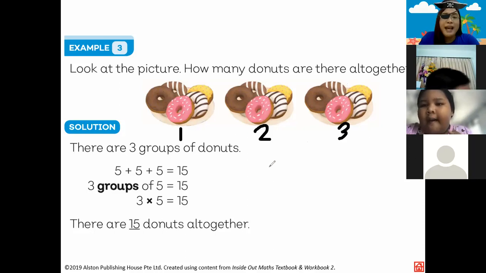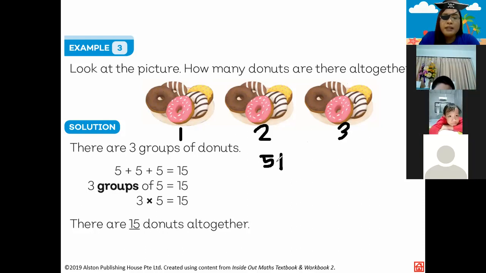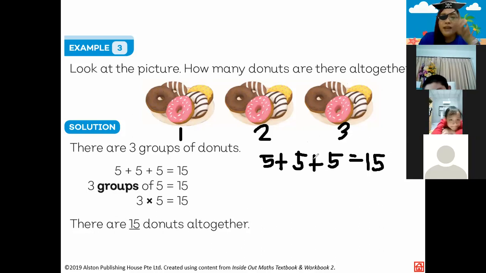So let's try to add, okay? So that's going to be 5 plus 5 plus 5. That equals 15. Now let's try multiplication. First we have to write the number of groups. So there are 3 groups, yes? So 3, which is the number of groups 1, 2, and 3.